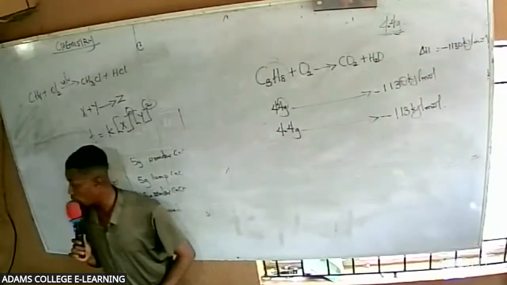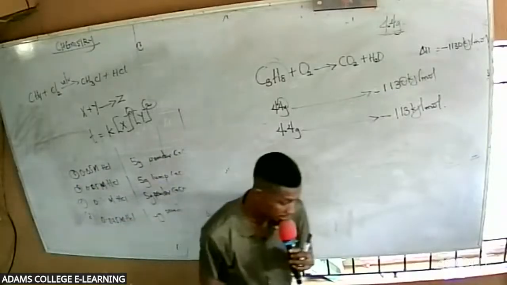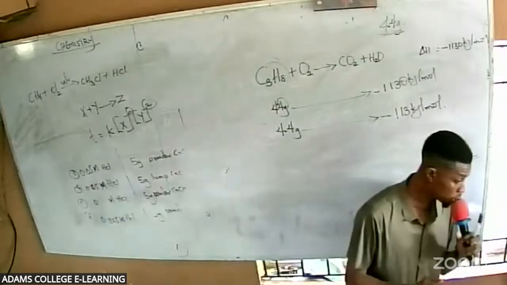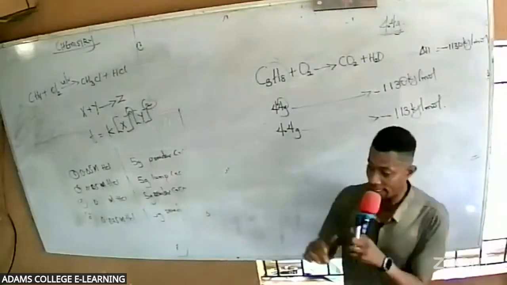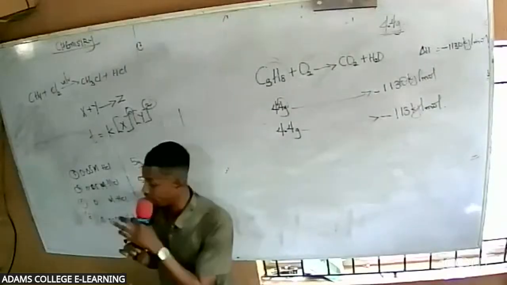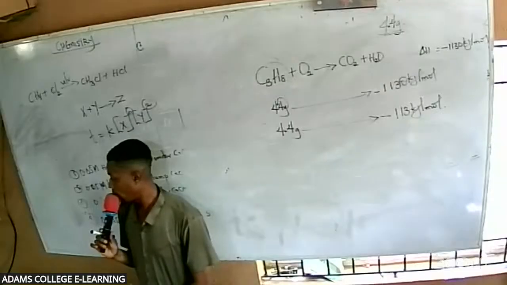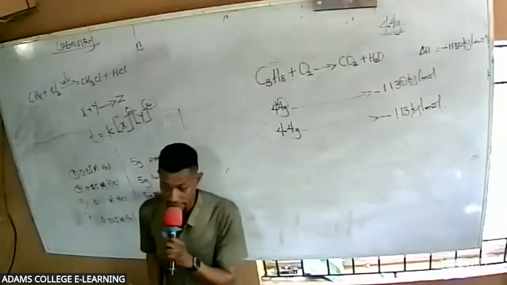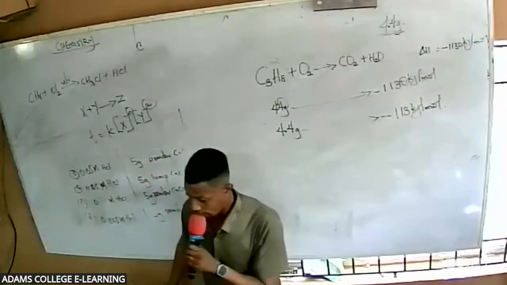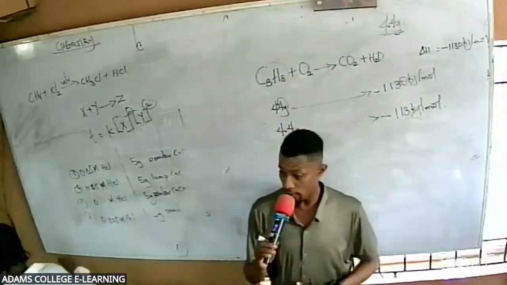Then we'll now go to entropy. Remember that the second law of thermodynamics says that the universe moves towards disorderliness. The degree of disorderliness is what we call entropy, S. If the Gibbs energy is 0, the system is at equilibrium. If it is negative, spontaneous.